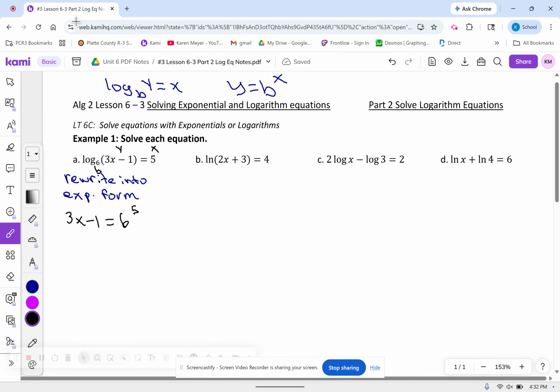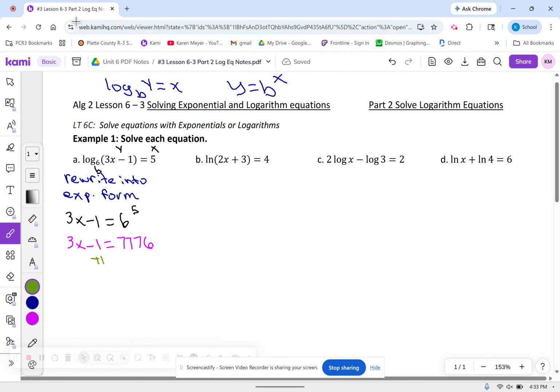Okay, and then on my calculator, I would do 6 caret key 5. So then I would have 3x minus 1 equals, and then if you go 6 caret key 5, you would get 7,776. And then we just solve this like a normal equation.